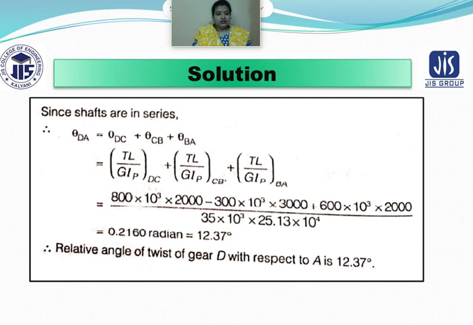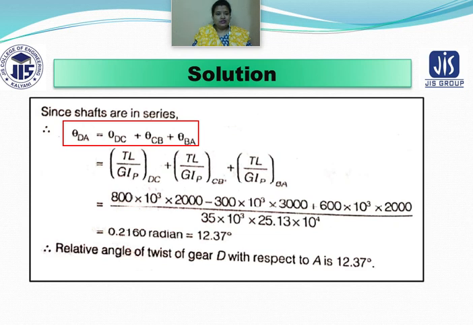Next, since the shaft is in series, you need to know the angle of twist of the entire shaft. So when you are calculating the angle of twist for the entire shaft, theta DA is equal to theta DC plus theta CB plus theta BA.